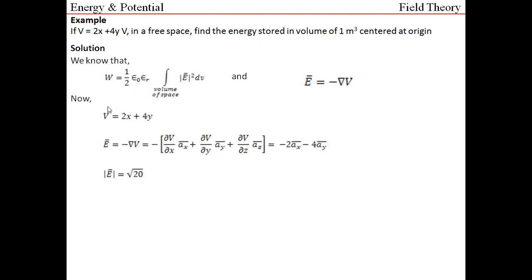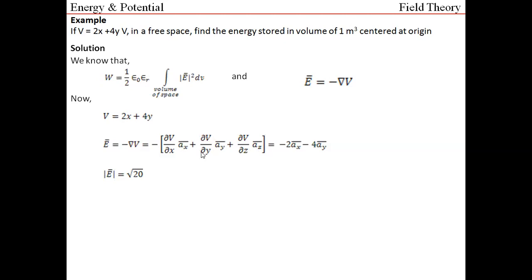We are given the potential V equal to 2x plus 4y. E bar, which is equal to the negative of gradient of V, can be given as minus del V by del X aX plus del V by del Y aY plus del V by del Z aZ. This is an easy expression to find because if I differentiate this with respect to X, I would get 2 plus 0.